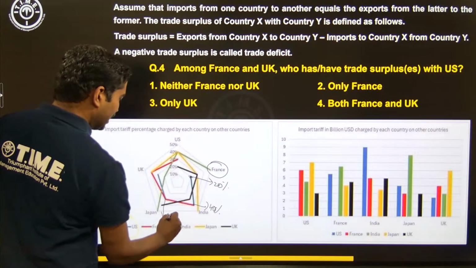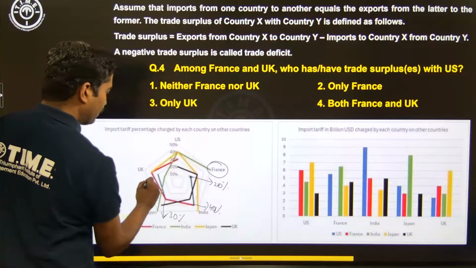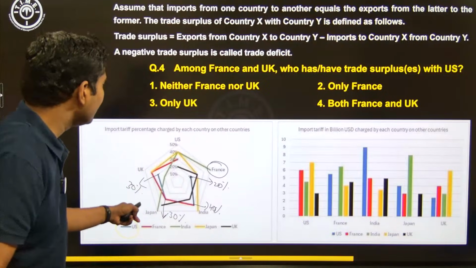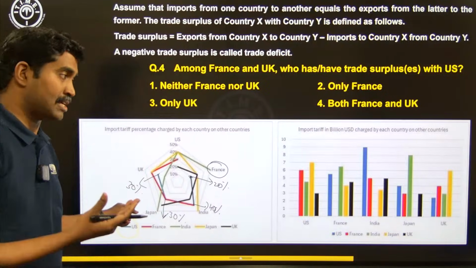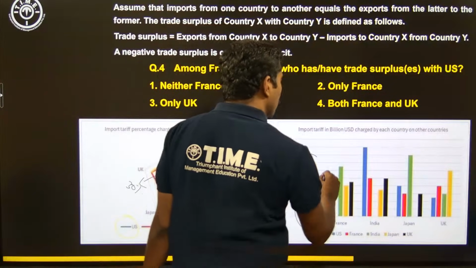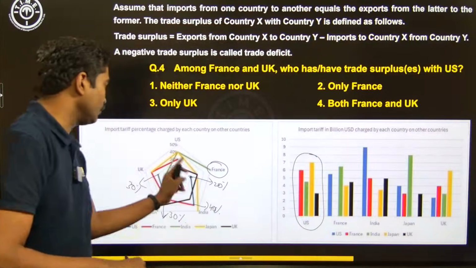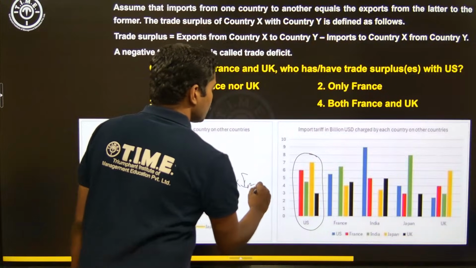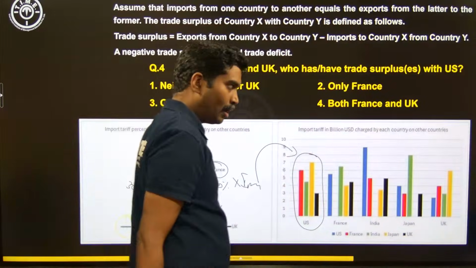Here, against Japan, 30% tariff. Against UK, 30% tariff. So yes, these are import tariffs as a percentage. Now, these are import tariffs as actual dollar value, right? So this percentage into imports should give me these values. All right.